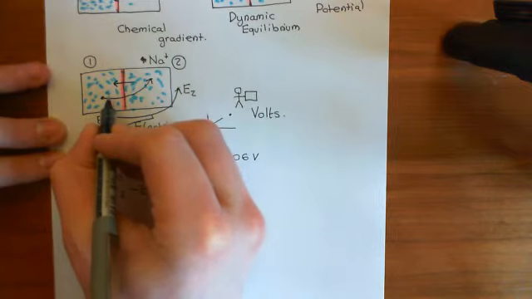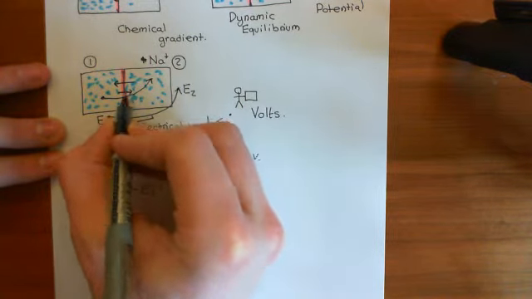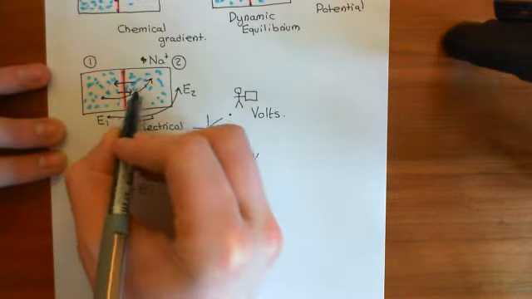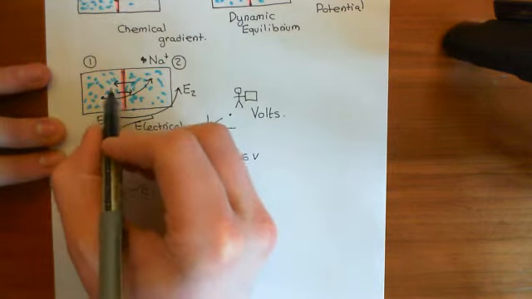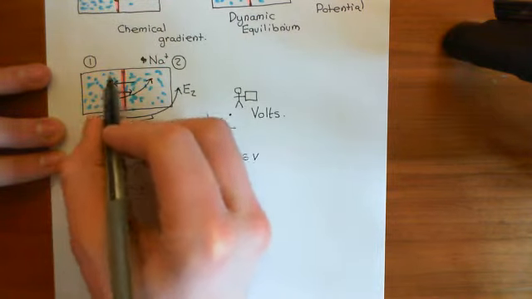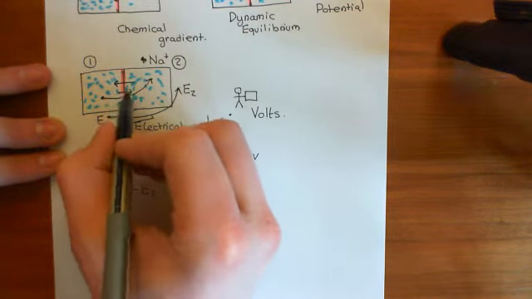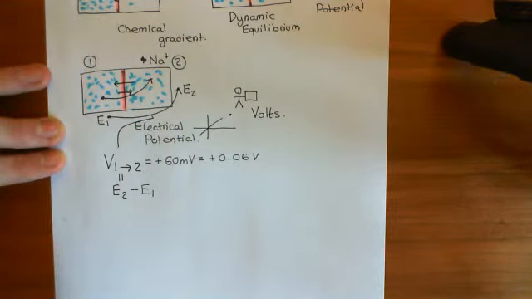And if we look at how many sodium ions are moving from compartment 1 to compartment 2, we might find something like this. And the reason these are not equal, even though the concentrations on either side are equal, is because the sodium ions on this side want to stay here. So the probability that they are going to hit the membrane is reduced by the electrical potential difference across the cell membrane.